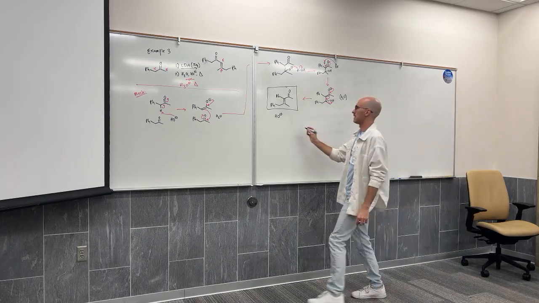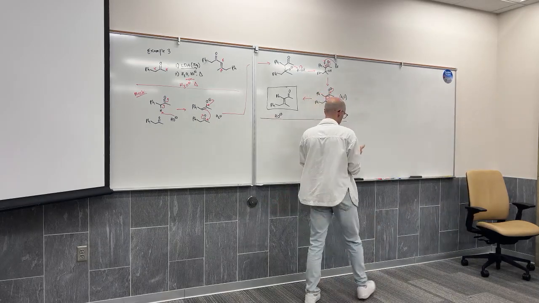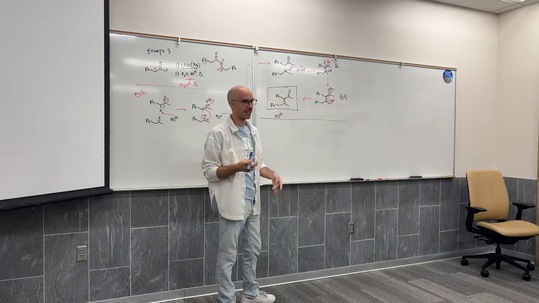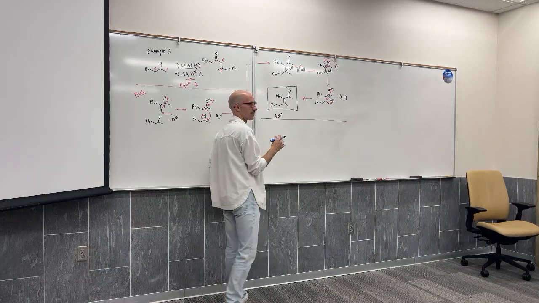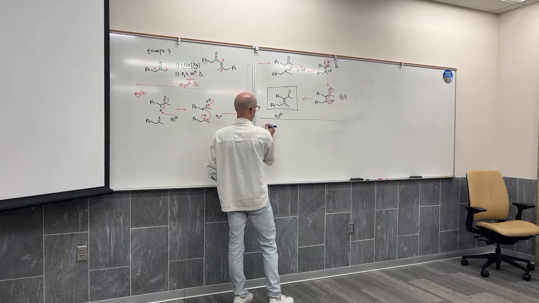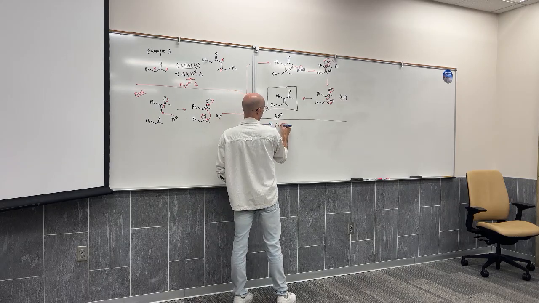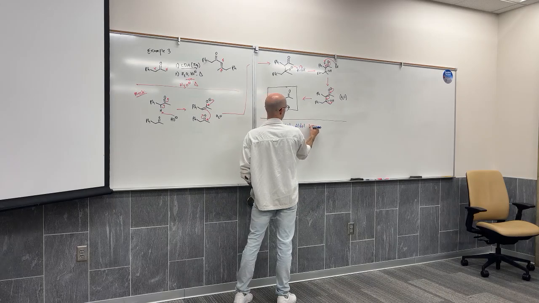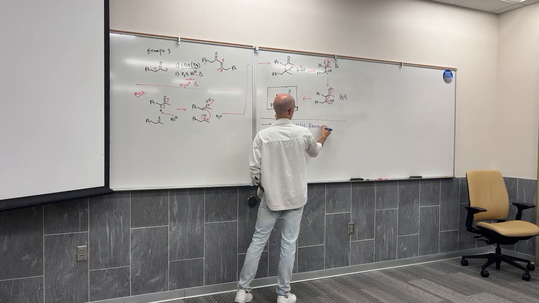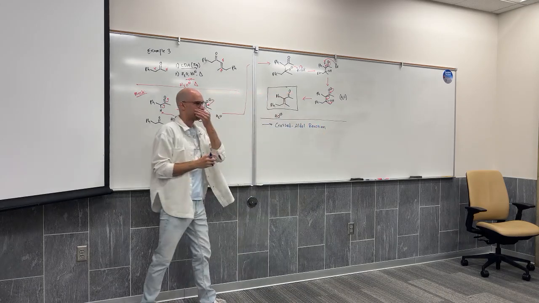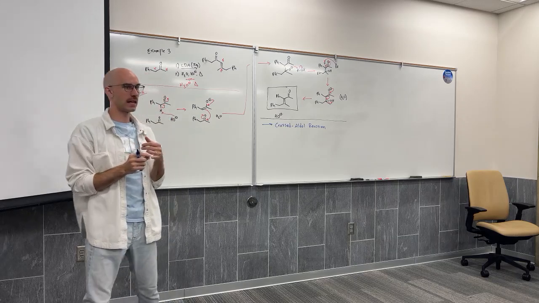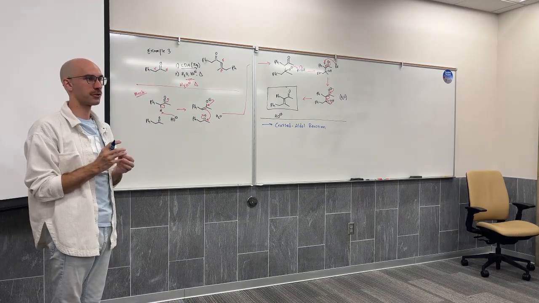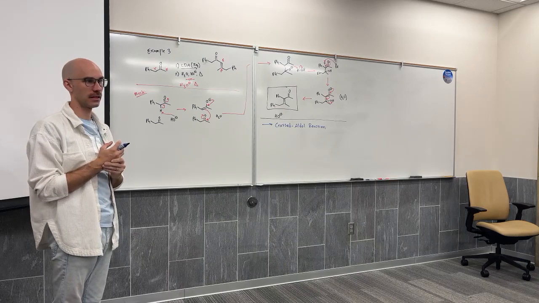All right. There is a different type of reaction involving aldol reactions. This is what we call the crossed aldol reaction. This happens when you take two different carbonyls and you want them to react with each other in a selective way.